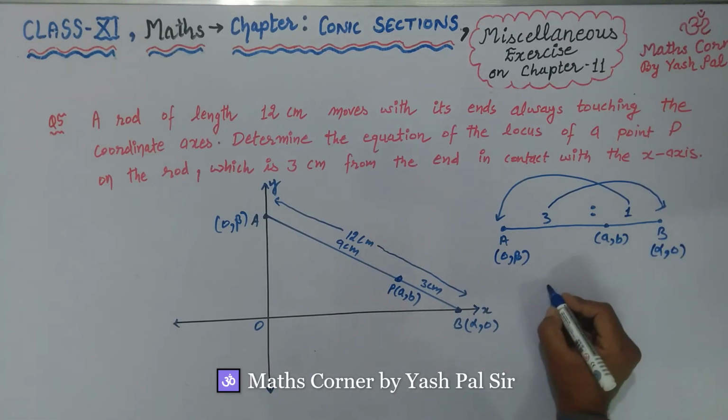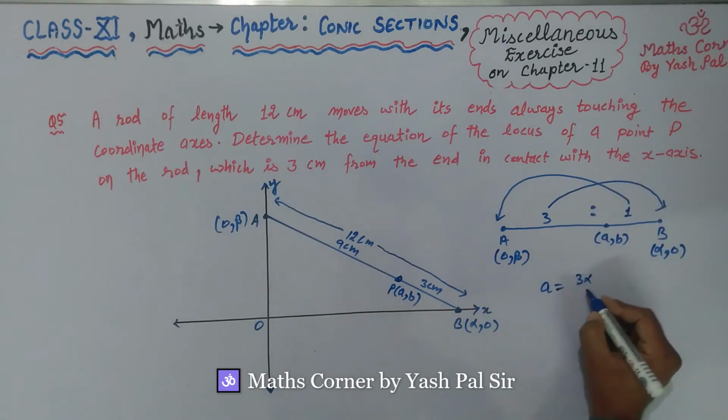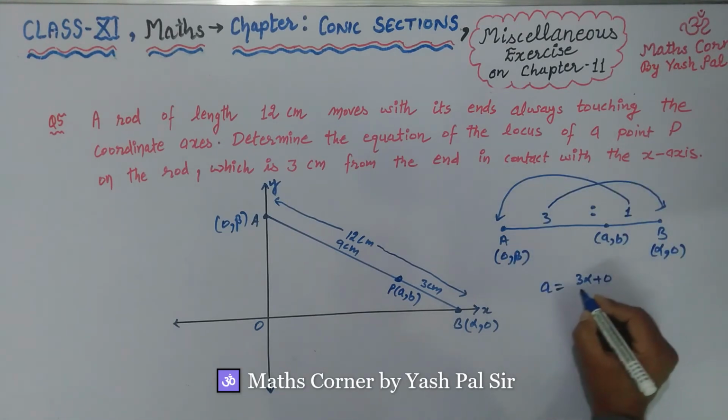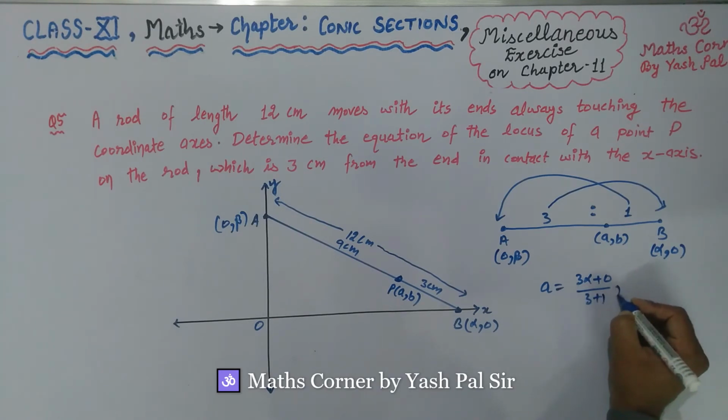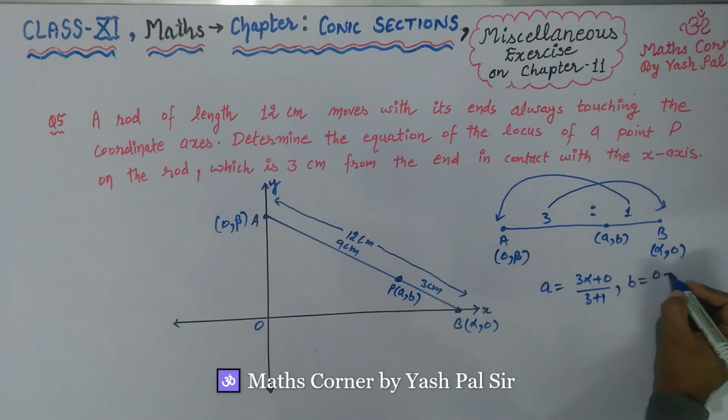So what is a? a is equal to 3 into alpha plus 1 into 0 upon 3 plus 1, comma b is equal to 3 into 0 plus 1 into beta, divided by 3 plus 1.